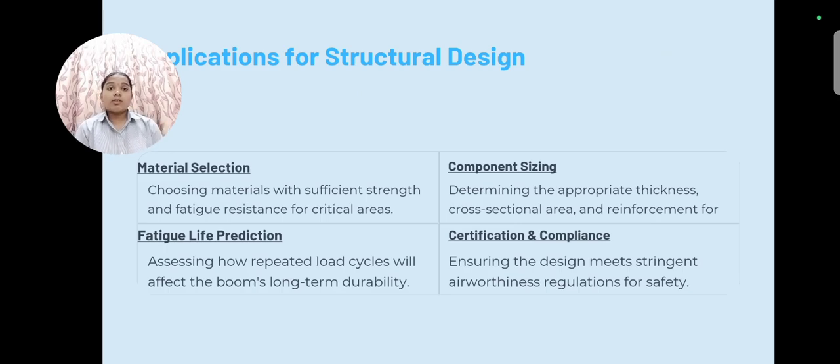So here are some applications in structural design. First is material selection: choosing material with sufficient strength and fatigue resistance for critical areas. It is an important point to choose the right material. Then life prediction, meaning assessing how repeated load cycles will affect the boom's long-term durability.